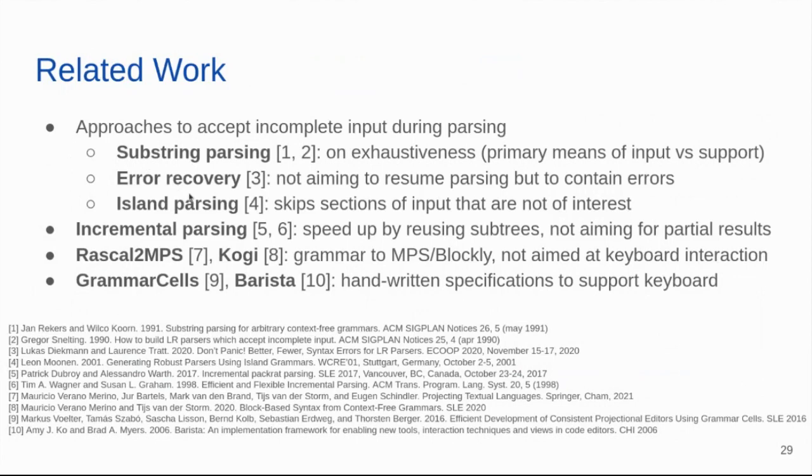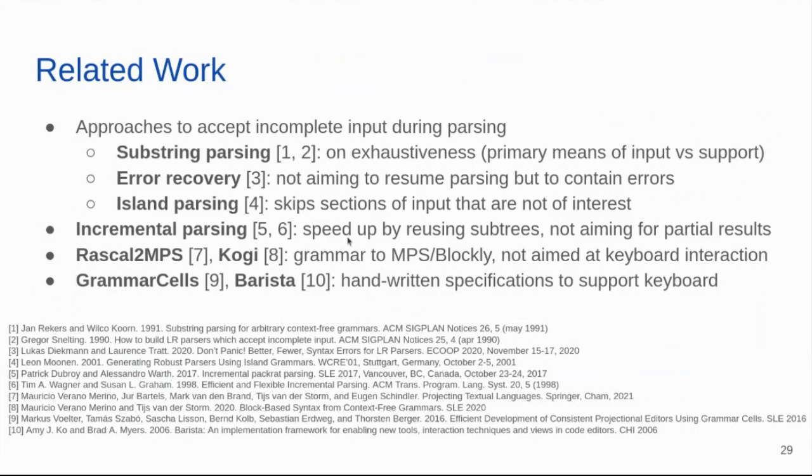Next up, error recovery. Also some related aspects, but obviously not trying to resume parsing, but rather to contain errors. Similarly, island parsing, which is skipping sections of input that are not of interest and limiting the parse results to those, but again, slightly different to what we are doing. I already mentioned incremental parsing, which has as a goal to speed up by reusing subtrees, but is also not aiming for partial results.